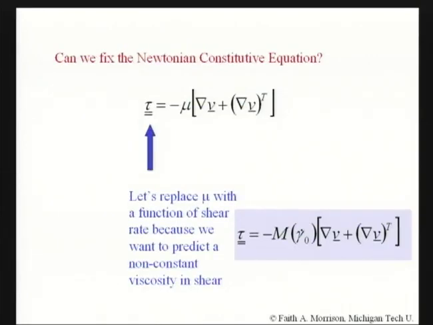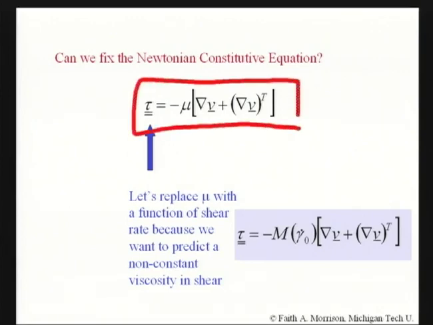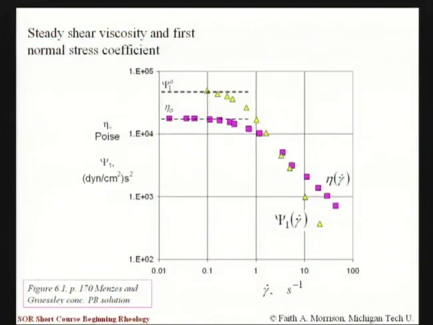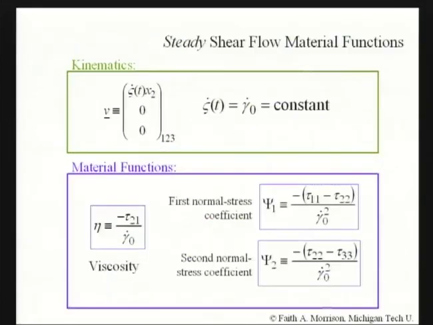So we tried to fix up our constitutive equation for this non-constant viscosity. This is the only constitutive equation we have. It has a parameter in the front. I know from experience that it's confusing that the viscosity is both a parameter in this model and a material function back here. We do give them separate symbols, but sometimes we won't.